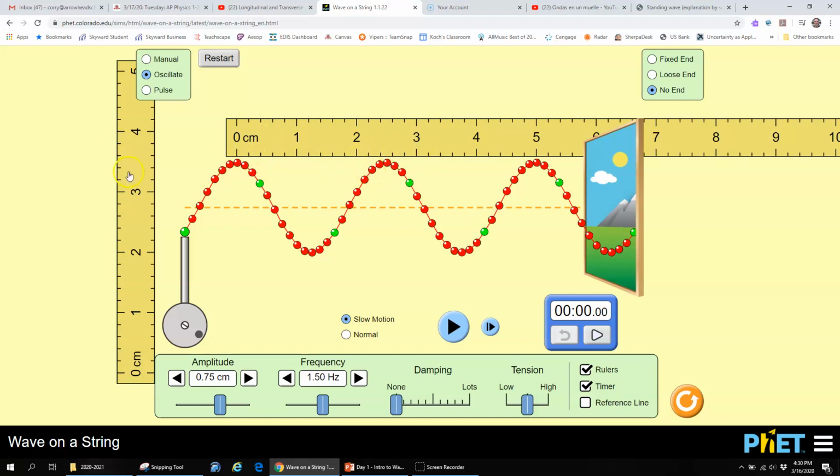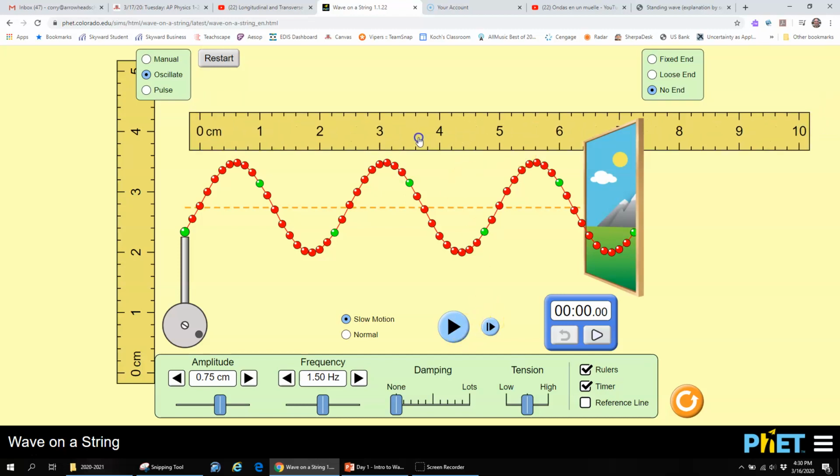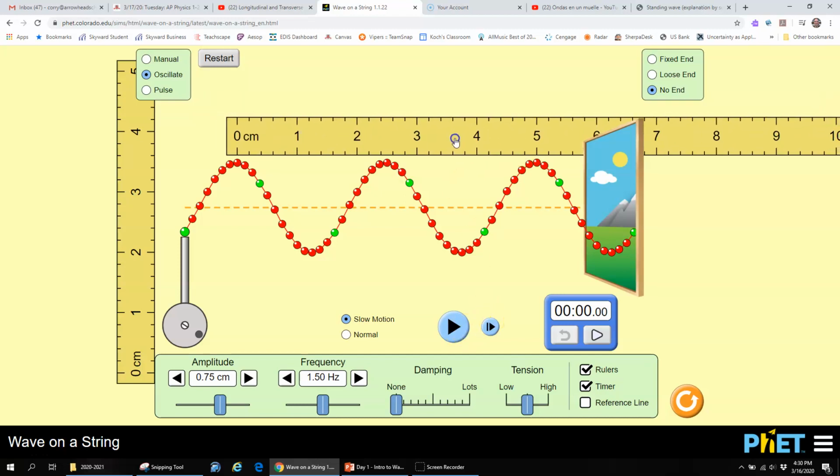Now notice I just got amplitude and wavelength from a screenshot of the wave. In order to get the other three, I would actually need something that depends on time. If I wanted to get the speed, for example, I could watch this crest move.